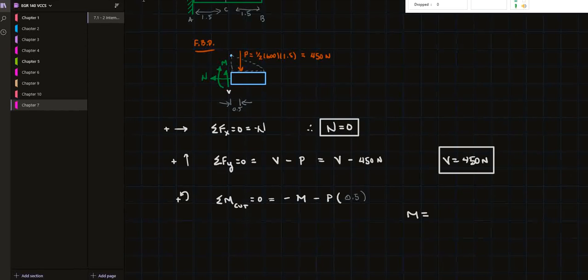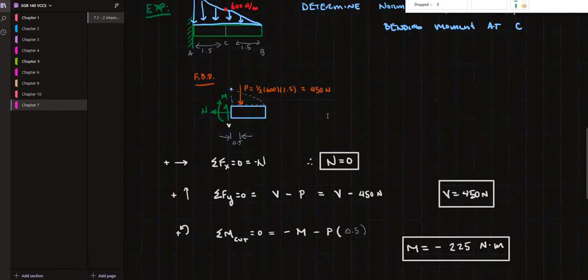So M is going to equal, pull our M over here, minus 225 newton meters. And that's it. So we've calculated the internal forces at the cut on our beam.